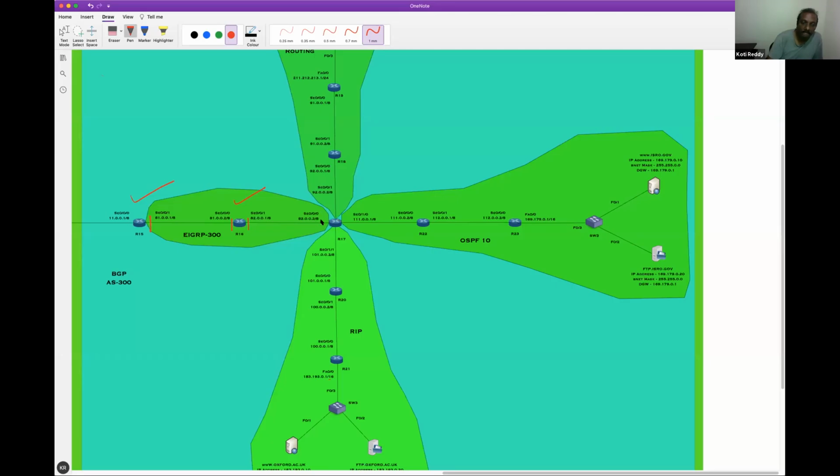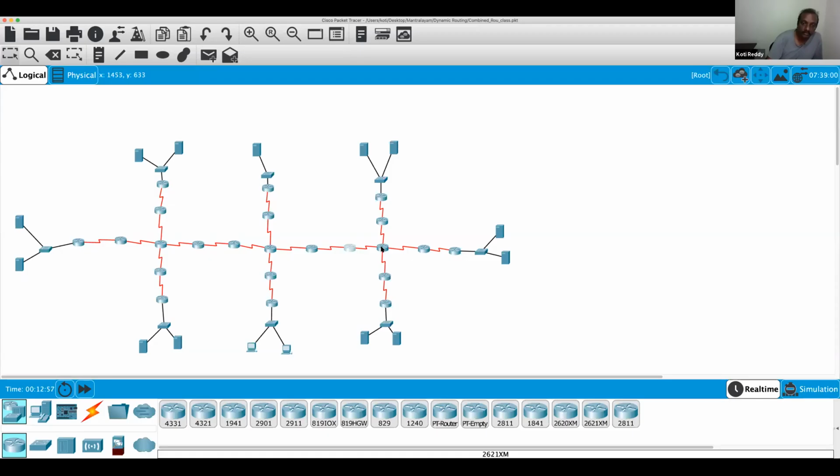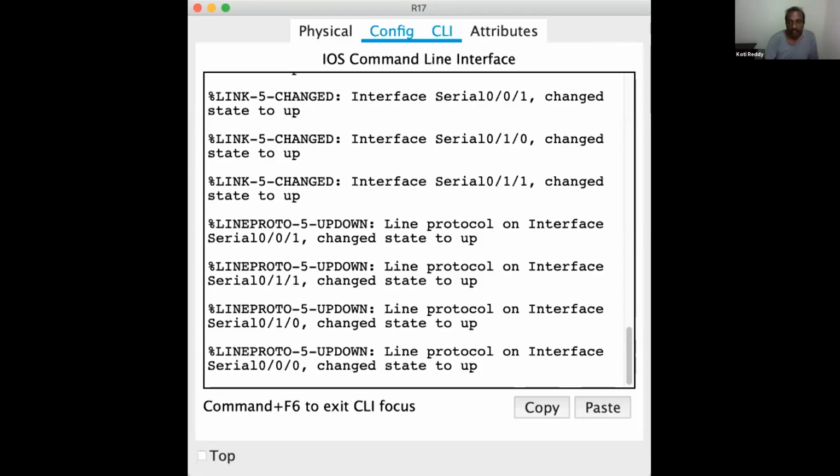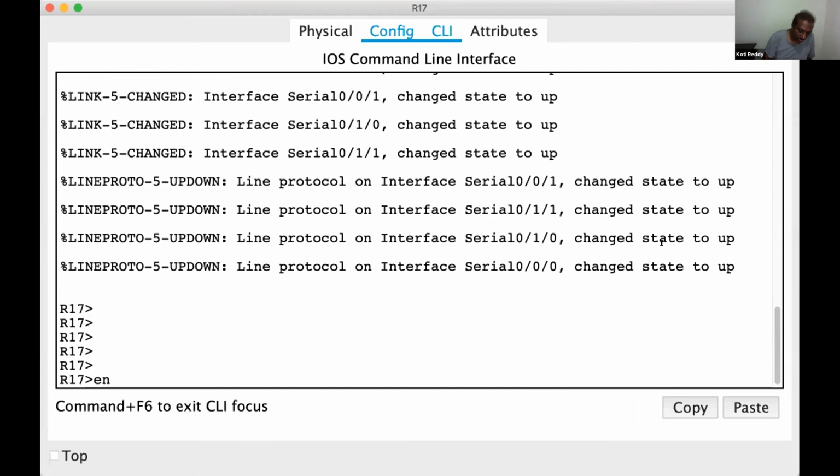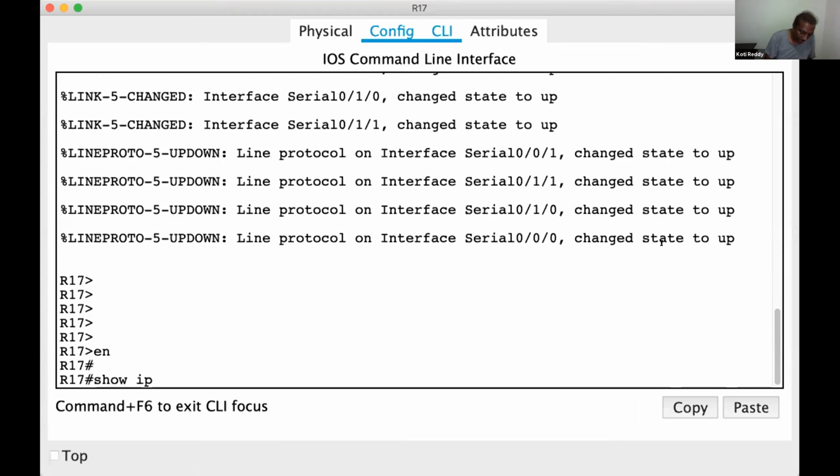Similarly, I go to R17, enable on this interface serial 0/0/0. So I go to R17, I say enable, I say show IP route.